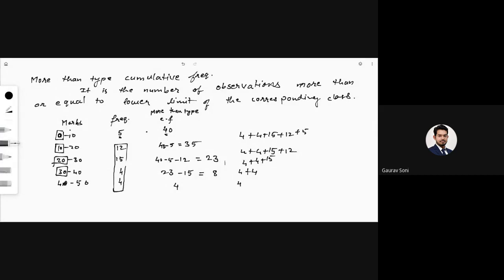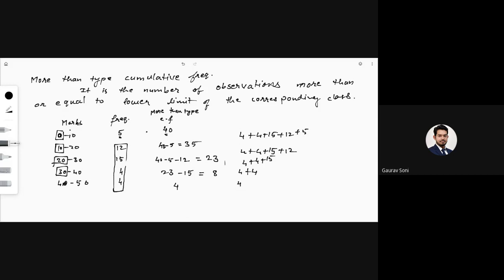So 5 is the number of students who have scored marks in the interval 0 to 10. Similarly, 12 will be the students who scored marks in the range 10 to 20, and 15 the number of students who have scored marks between 20 to 30. This is the pattern.